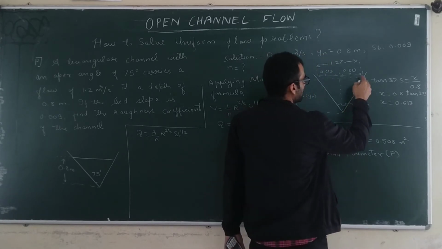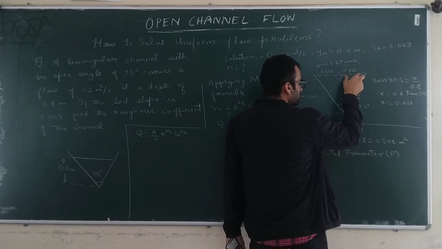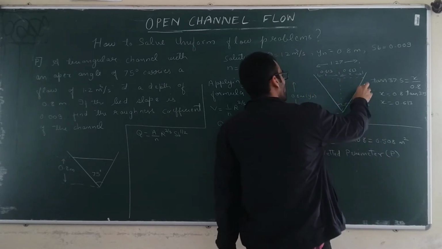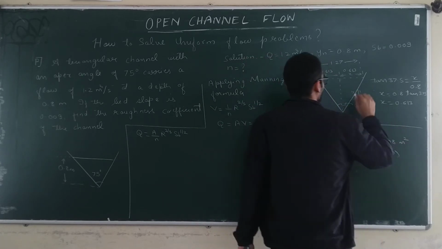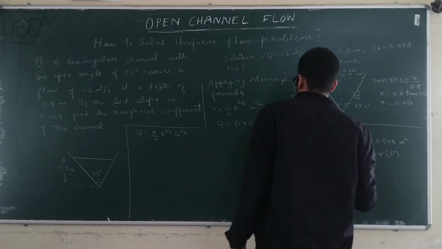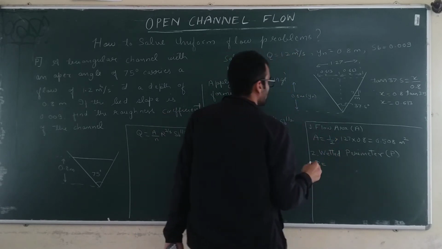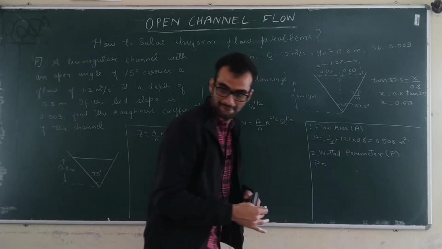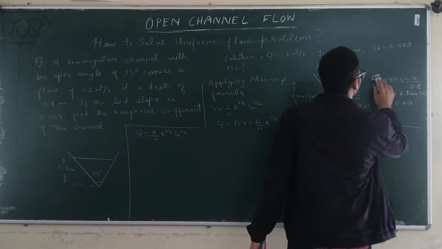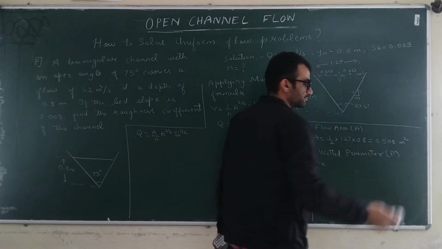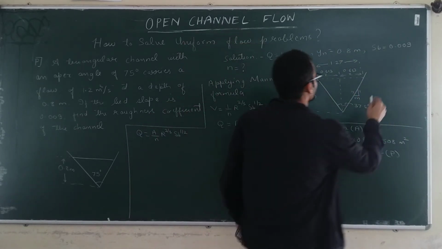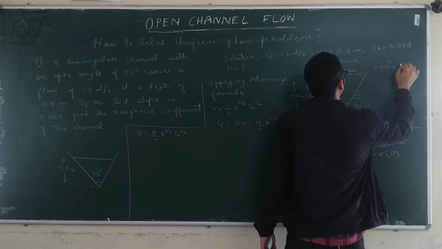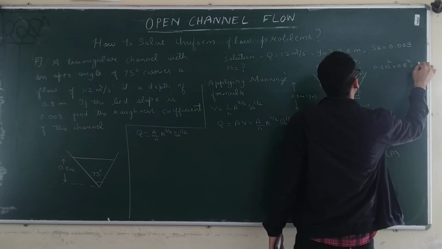So just calculate this length by Pythagoras theorem. We know that square of 0.613 plus square of 0.8 will be equal to square of this quantity, the sloping length. We will call it S, suppose. So according to Pythagoras, we have 0.613 square plus 0.8 square equal to S square.